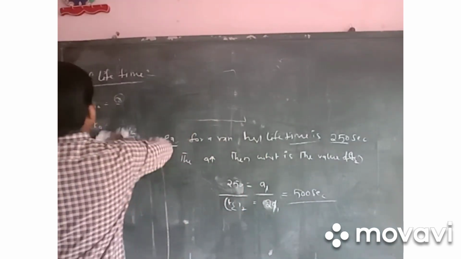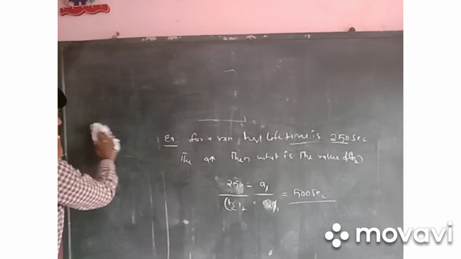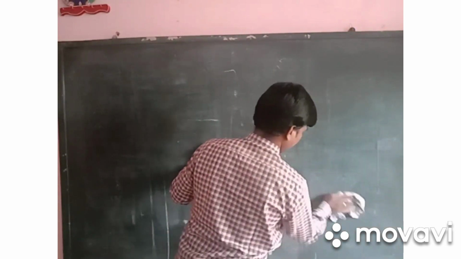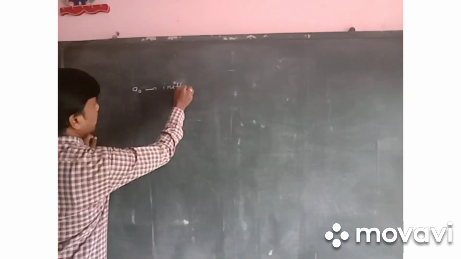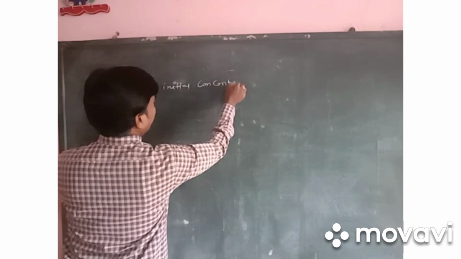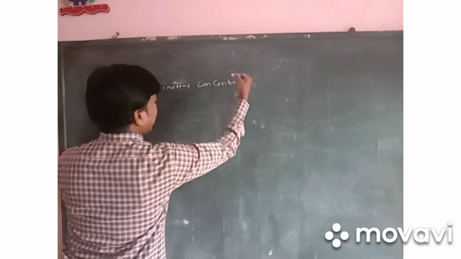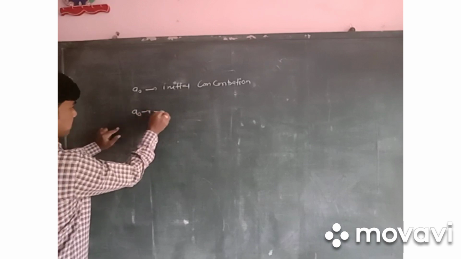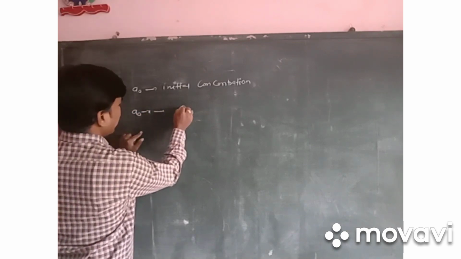Then after, pause and answer. Here you see that a0 is the initial concentration. So a0 minus x means final concentration.